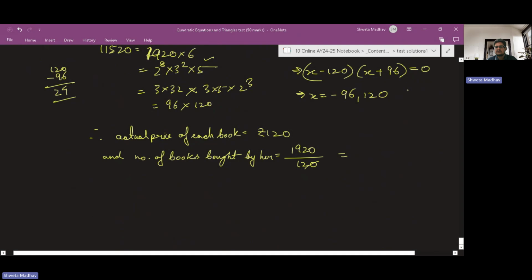So 0 will cancel. 12 ones are 12, 12 6s are 72, so that is 16. She had bought 16 books, and the price of each book was rupees 120.